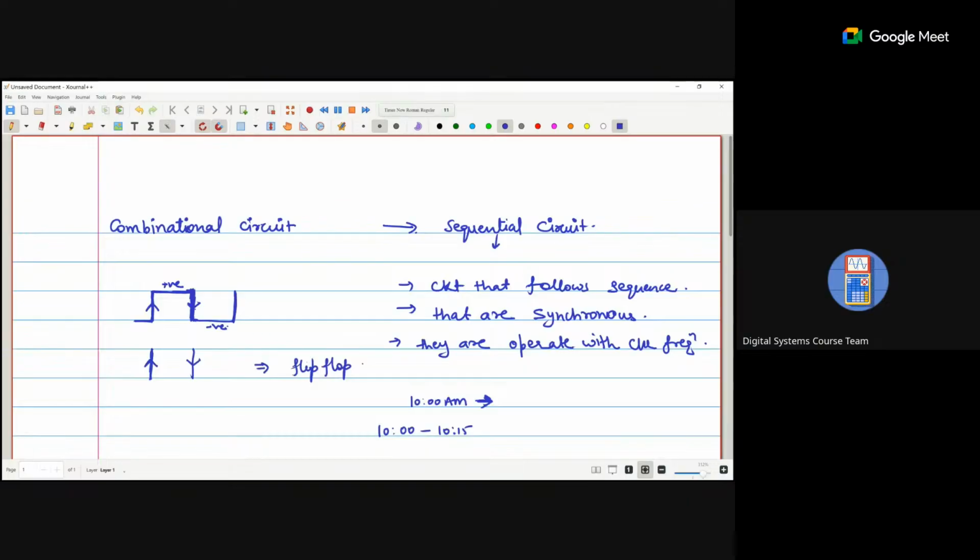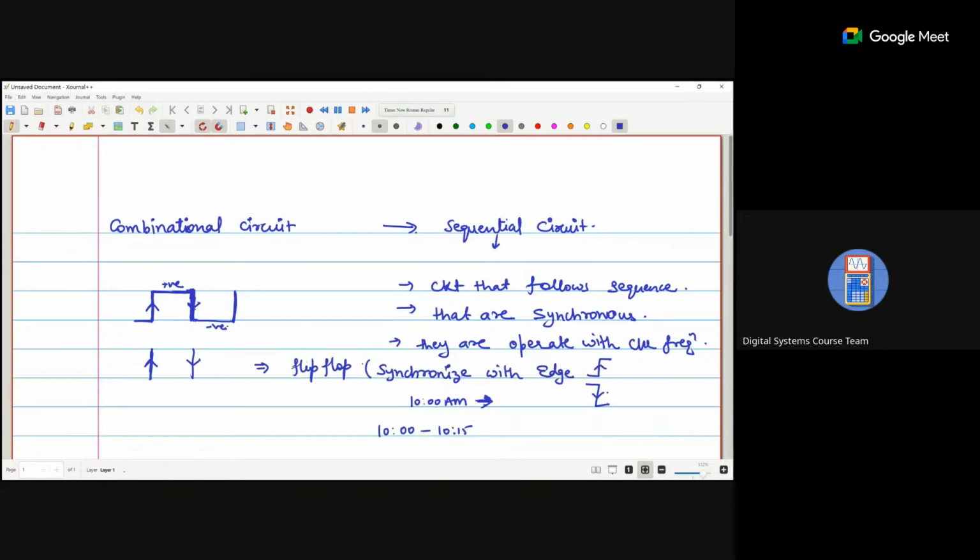The basic sequential circuit is the flip flop, which is synchronized with the edge, either rising edge or falling edge.